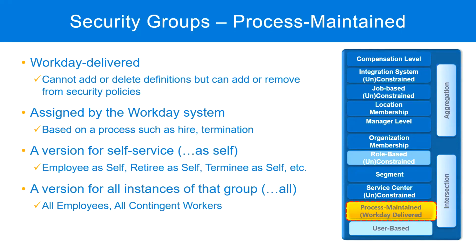Okay. So this was about domain security policy permissions. We talked about the domain security policies. And then we talked about the different kinds of security groups that we have in Workday. Absolutely the most commonly used ones, like user-based security, role-based security.